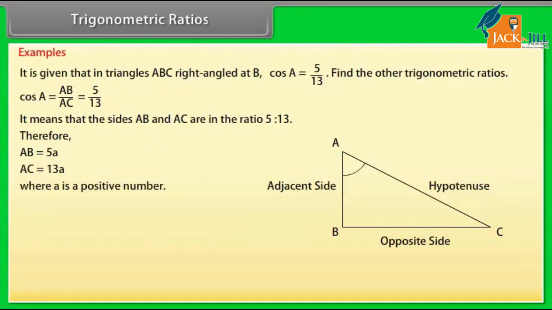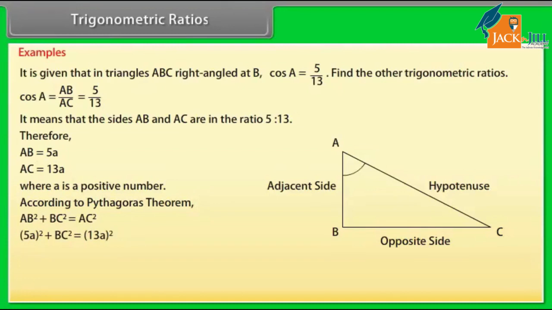According to Pythagoras' theorem, AB square plus BC square is equal to AC square. By substituting the values, we get 5a square plus BC square is equal to 13a square. Now, by calculating it, we get BC as square root 144a square, which is 12a.